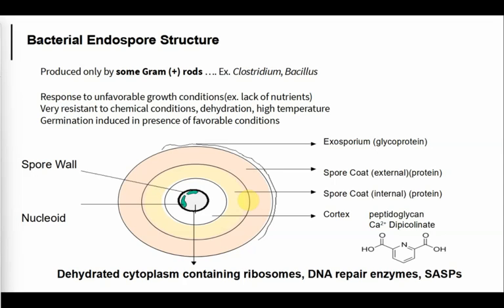Okay, so one classical example of a spore-forming bacteria is Bacillus anthracis, the anthrax bacillus. Spores are formed in animals who are infected and they die, and then they'll release spores into the ground.